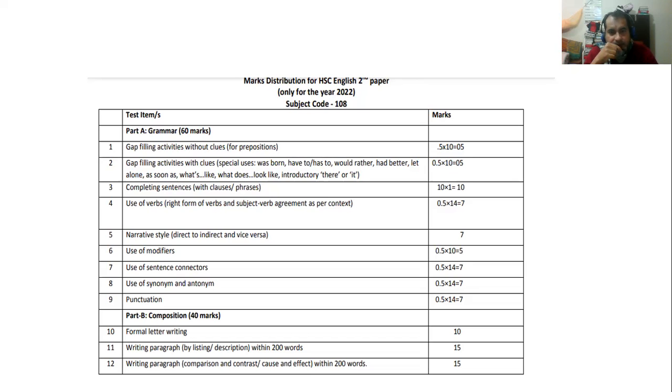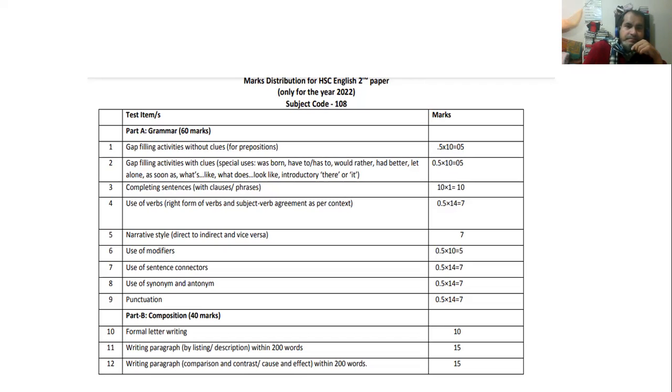This is also within 200 words. So these are all from composition part, that is 40. So 60 plus 40 accumulate to 100 marks. In your upcoming exam, this is the marks distribution for you.